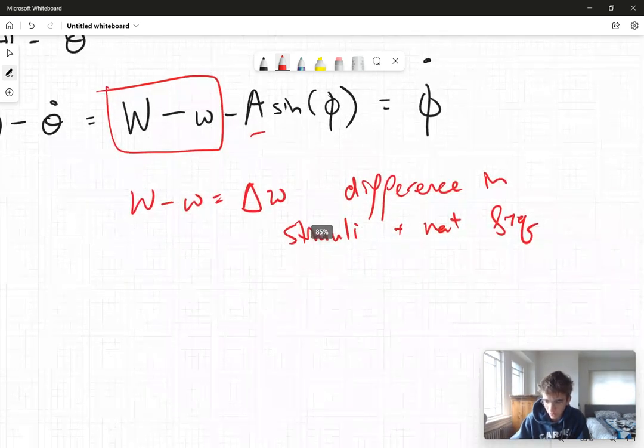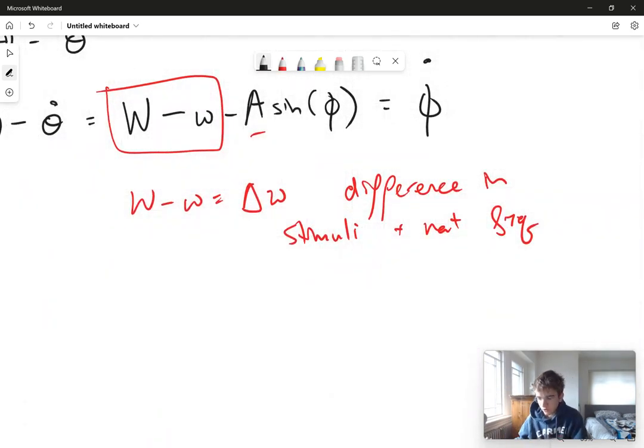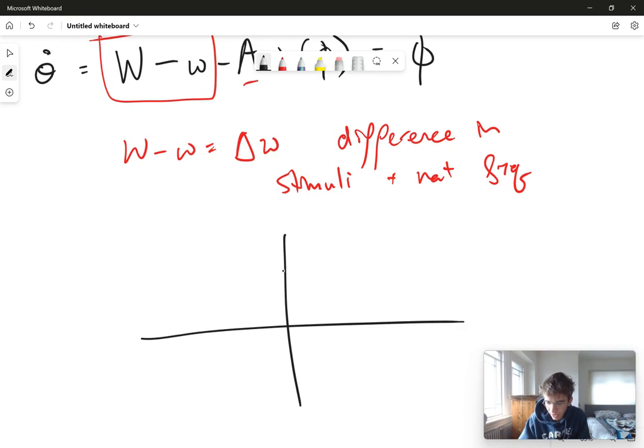Now, using the analysis we've done before, we can look at this equation and say, okay, if this difference between the stimulus and the natural frequency of the fireflies is super large, then here's our delta omega, and we're going to have a sine wave that looks like this, and essentially we'll undergo phase drift where the fireflies will never actually become entrained.